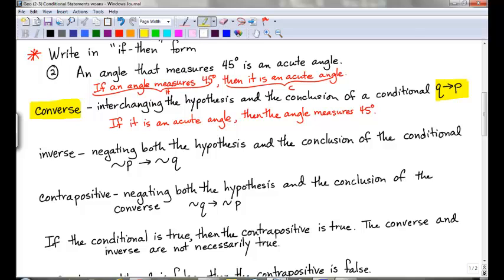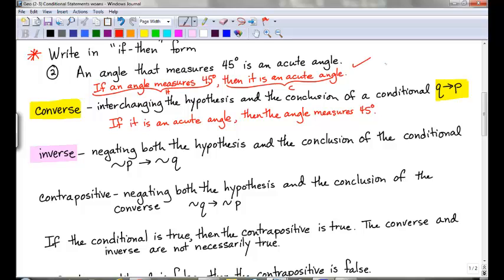Okay, another new term is the inverse of a statement. Okay, the inverse, you negate both the hypothesis and the conclusion of the original conditional. This is our original back up here. You negate them both.